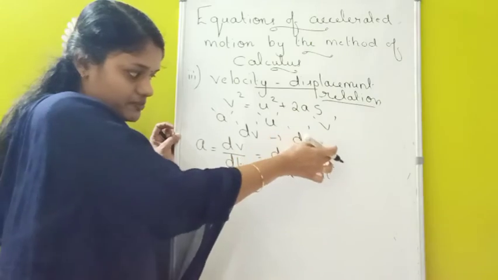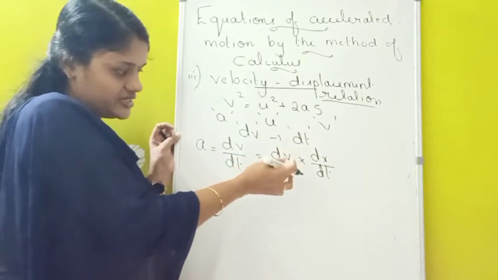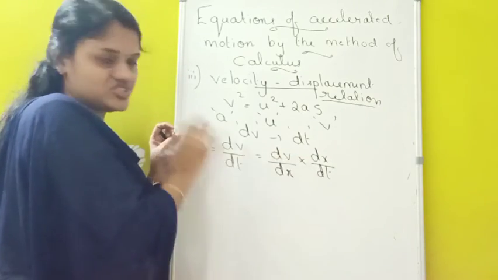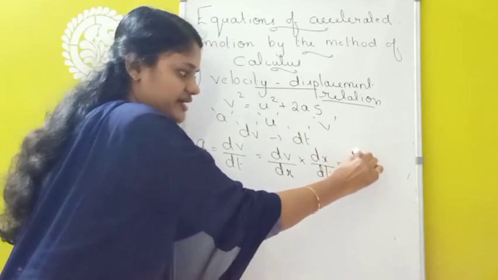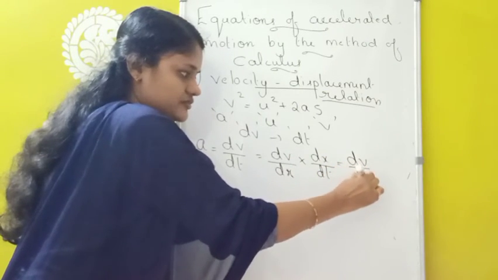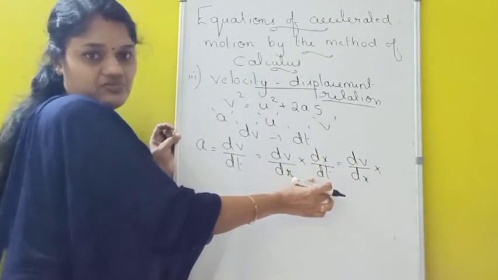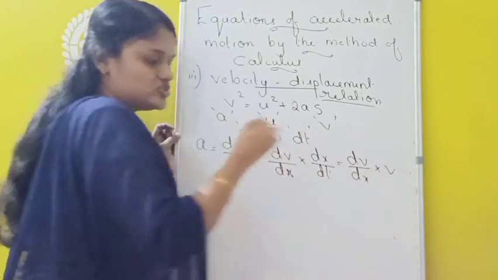Simply I am multiplying and dividing by the same quantity, dx, so this value will not change. That is equivalent to dv by dx into, what is dx by dt? Displacement by time gives velocity. So instead of dx by dt we can write velocity v.